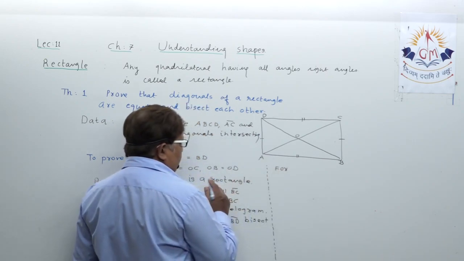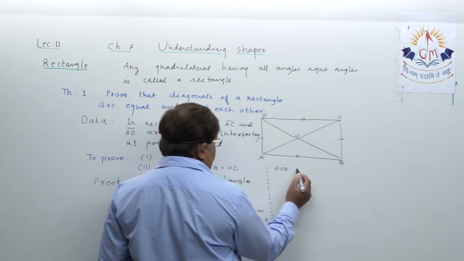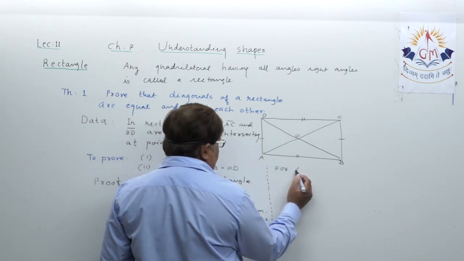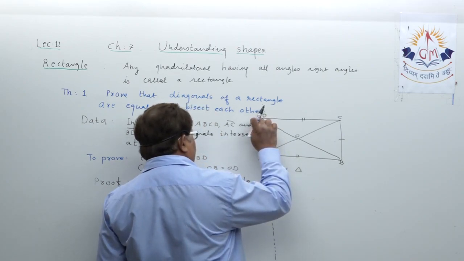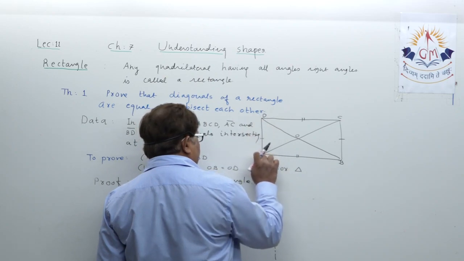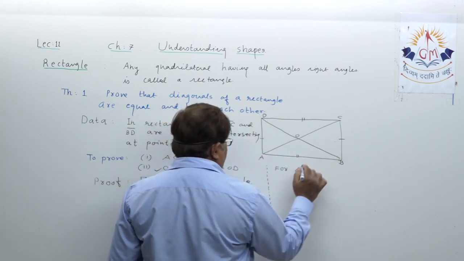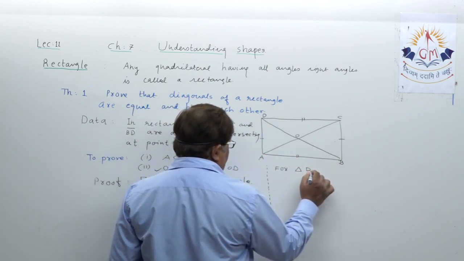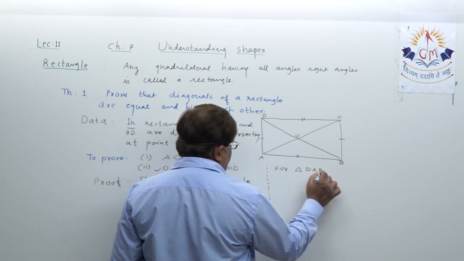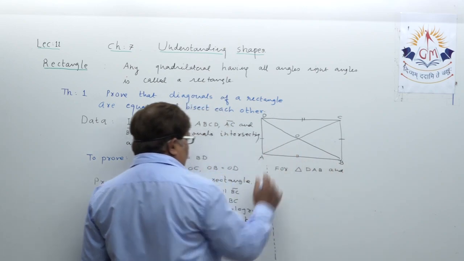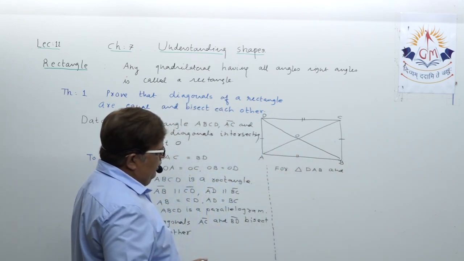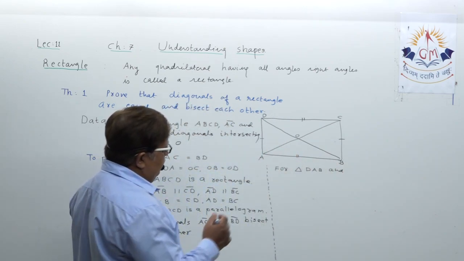I am speaking the name of the triangle, then I will show you here. For triangle DAB, and the name of the triangle I mentioned, you understood this?